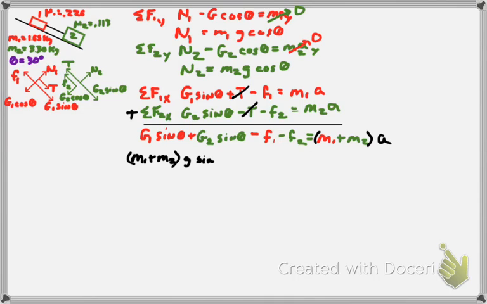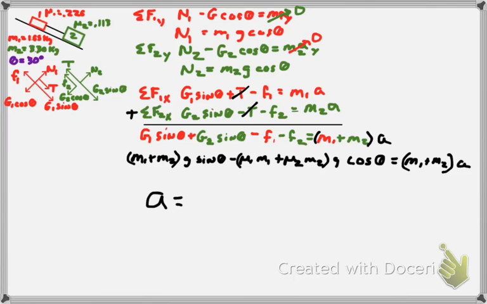To solve this equation, m1 g sine theta plus m2 g sine theta becomes (m1 plus m2) times g sine theta, and then minus (coefficient of friction 1 times m1 plus coefficient of friction 2 times m2) times g cosine theta equals (m1 plus m2) times a.